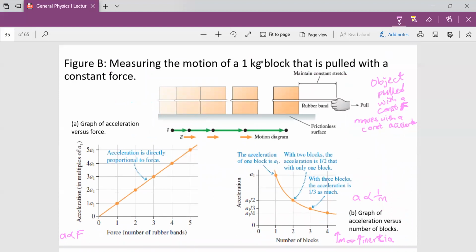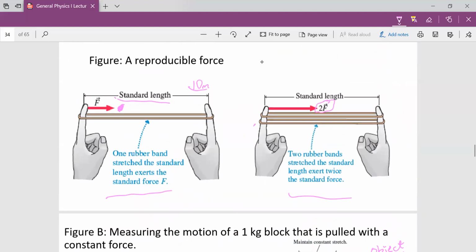So we now move to measuring the motion of a 1 kg block, and we try to pull with a constant force. The stretch here, which covered the standard length, gave you something like a constant stretch, which when you decide to add more rubber bands, 2, 3, 4, 5, you will notice that the force will keep increasing.